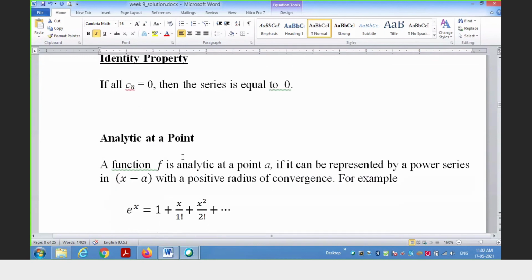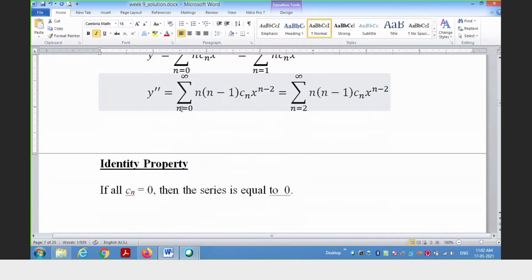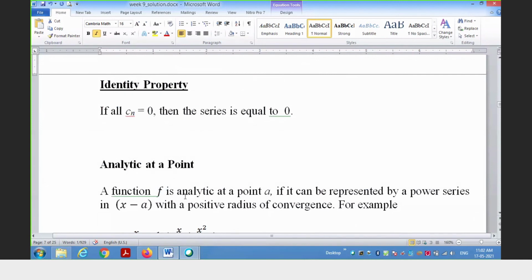And a function f, which can be written as a power series. A function f is analytic, the keyword is analytic, at a point A. So f is analytic at a point A, that means x equal to A, if it can be represented by a power series in x minus A. So that means we can expand around this point.